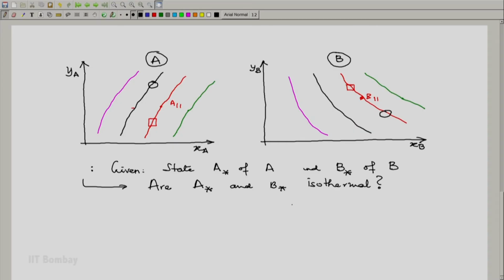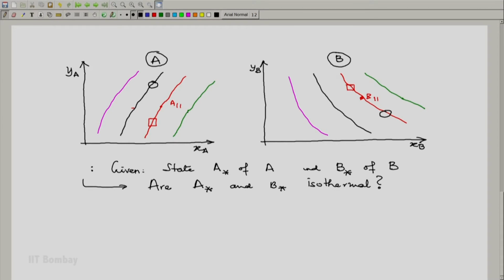Welcome back. We saw the purpose of creating a map of corresponding isotherms in the state space. Here we had, as an illustration, two systems A and B, and again as an illustration we had plotted four pairs of isotherms: a corresponding pair of violet or pink isotherms, a pair of black isotherms, red isotherms and green isotherms.